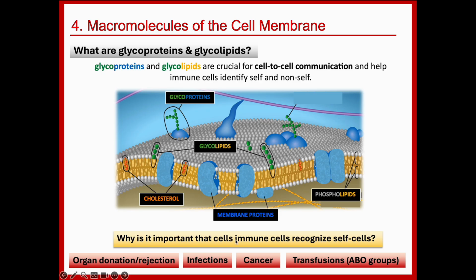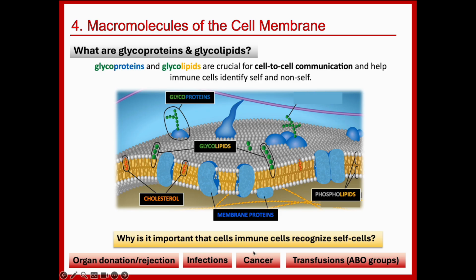So why is it important that cells recognize self cells? Because in organ donation and rejection, that's how we make sure we're compatible with the organ that's coming into us. During infections, you want the white blood cells to go eat these things. During cancers, your white blood cells actually start mistaking things and start going out of whack.